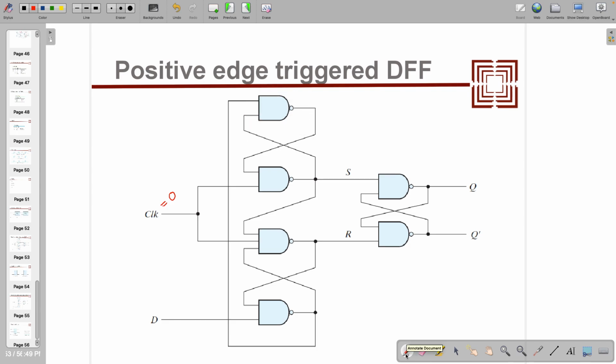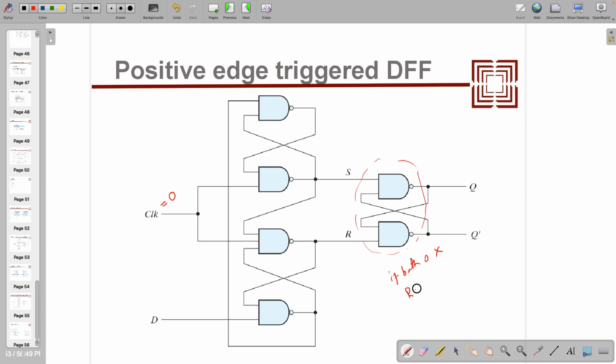If both the inputs are 1, it's going to latch the previous output. Set equal to 1 means output is equal to 1. If reset equal to 1, output equal to 0, right? This is the characteristic of this memory element. If both 0, invalid.